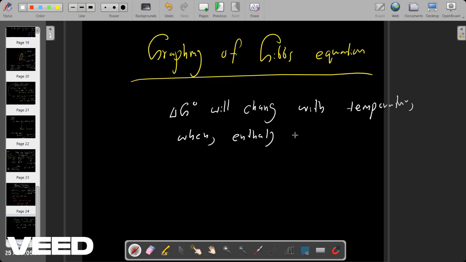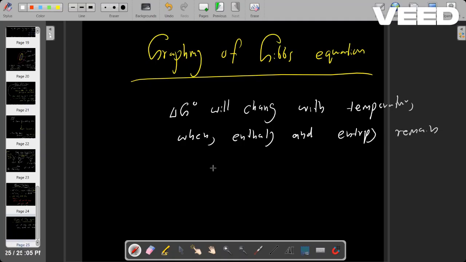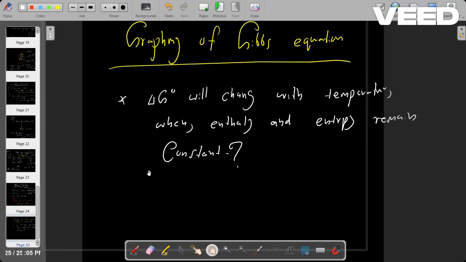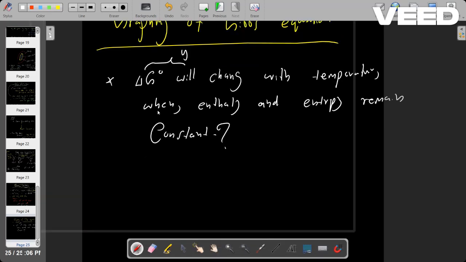Enthalpy and entropy remain constant. Can you find that? You can do it quite easily, it's just mathematics. If delta G is on the y-axis, temperature is on the x-axis.